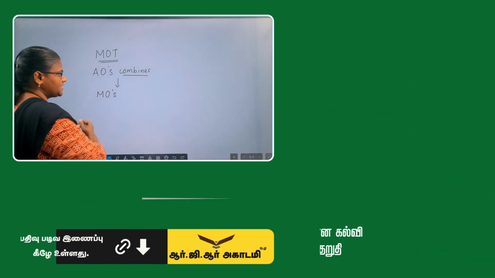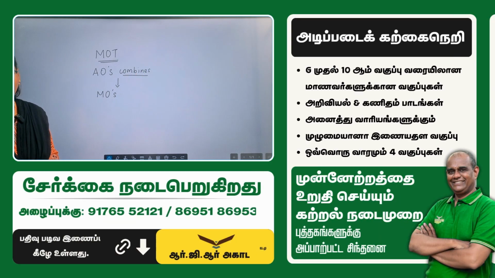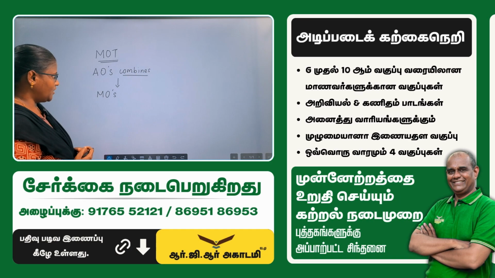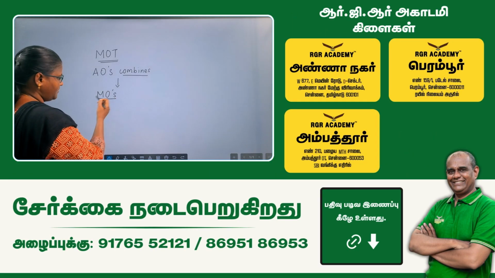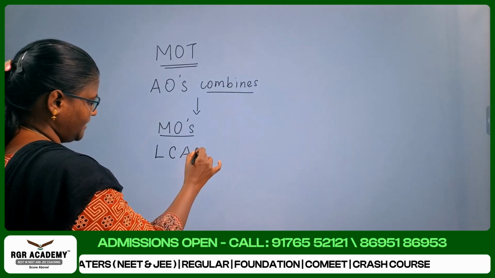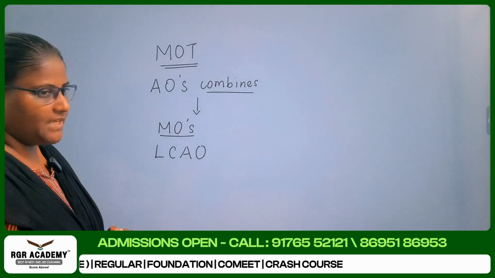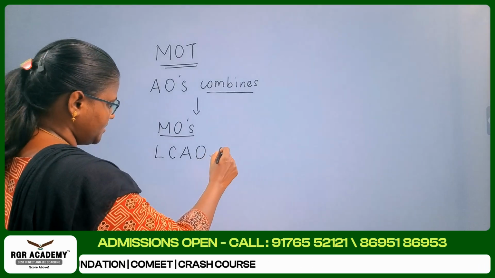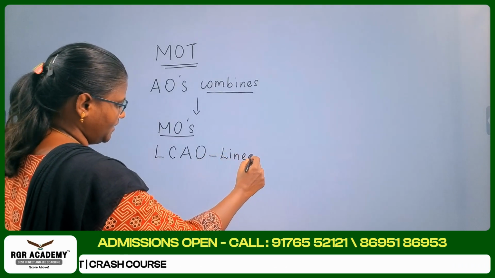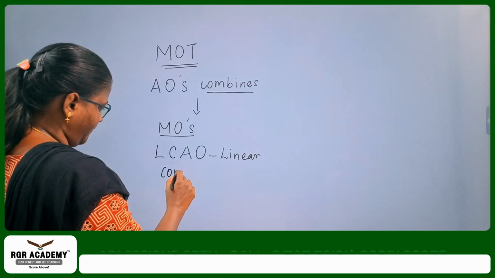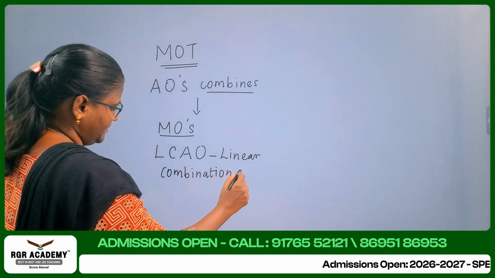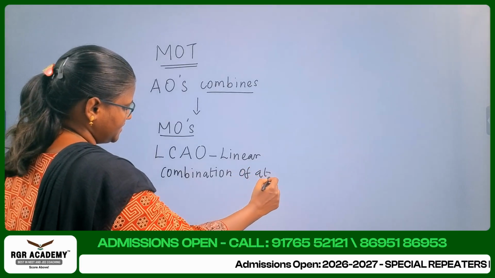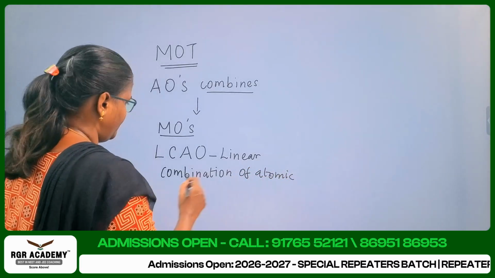And how does this combination occur? The atomic orbitals combine to form molecular orbitals using a method which we usually represent as the LCAO method, which is nothing but the linear combination of atomic orbitals. What is this linear combination of atomic orbitals?